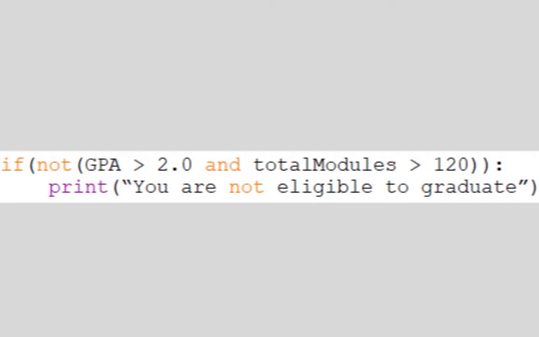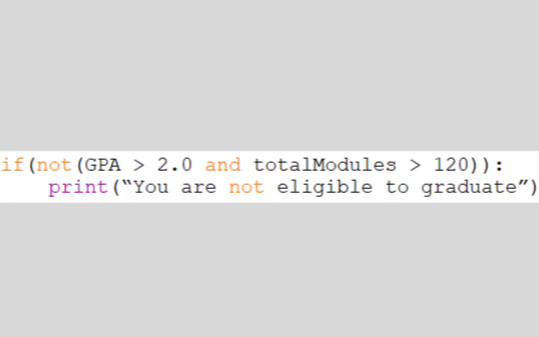And then the example of a not operator would be, let's say a school wants to send a warning email to those students who are not eligible to graduate, similar to our scenario from our and example. The requirement is that the student has to have a GPA higher than 2.0 and must have completed 120 modules.